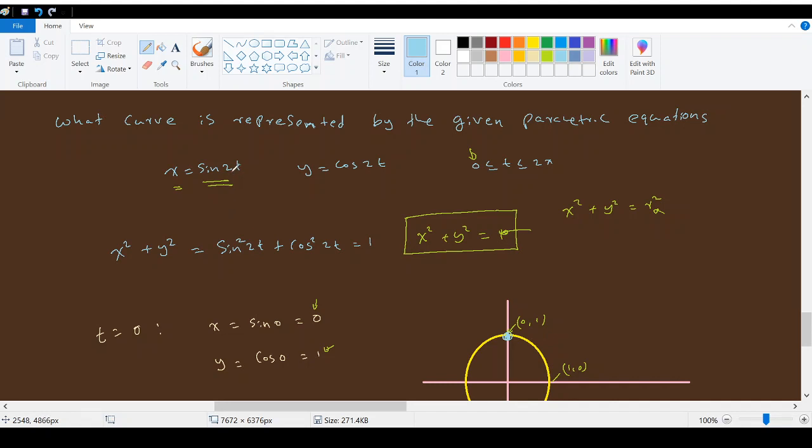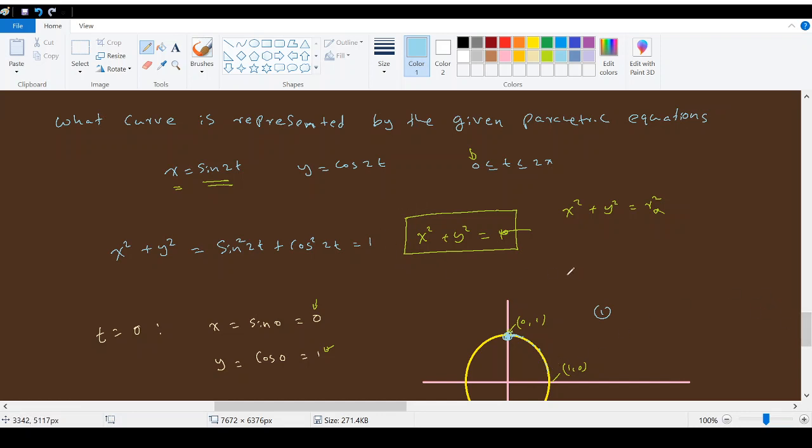Where t starts from 0, and when it starts to increase, both these values will first give x and y coordinates in the first quadrant. This is the first quadrant because both x and y are positive. So it will start forming the points within this circle.